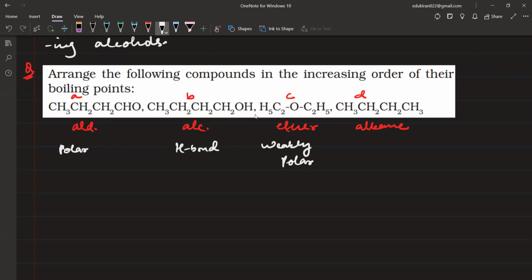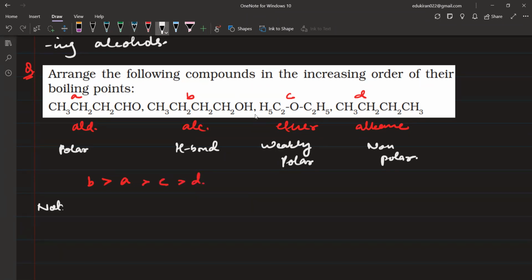And this is non-polar. So tell me, guys, which is the strongest intermolecular force of attraction here? The H bond. So B will have the highest boiling point, followed by polar, that is A, followed by weakly polar, that is C, and then you will have D.